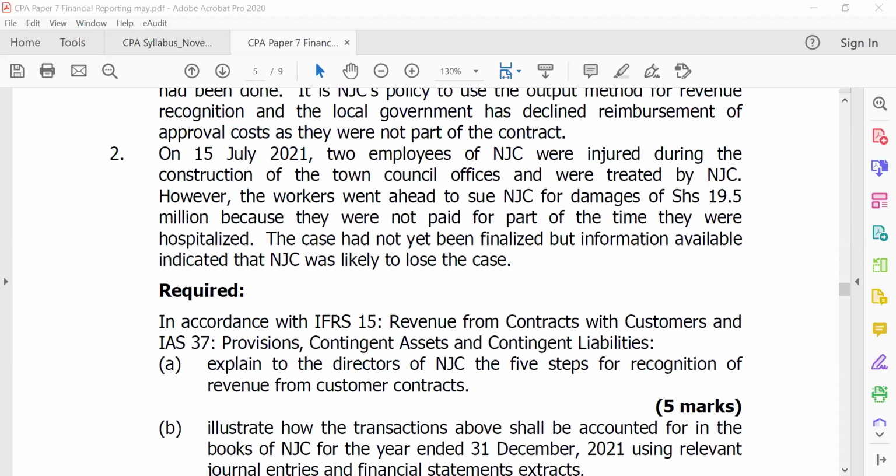Yes. So that is it for financial reporting. Of course, as achievers, the classes are on, and they're going to be really fast-paced to support you to pass this paper.